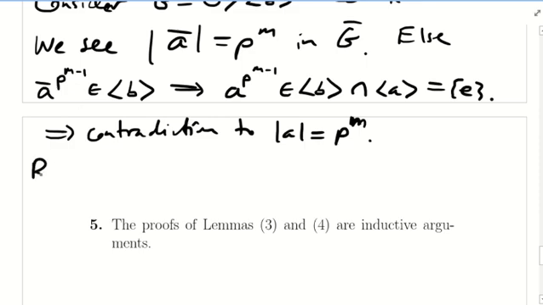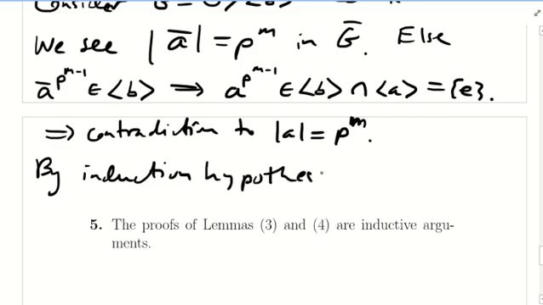So by induction hypothesis, G bar, which is an abelian group with order less than P to the N, has to be of the form that and that, okay?